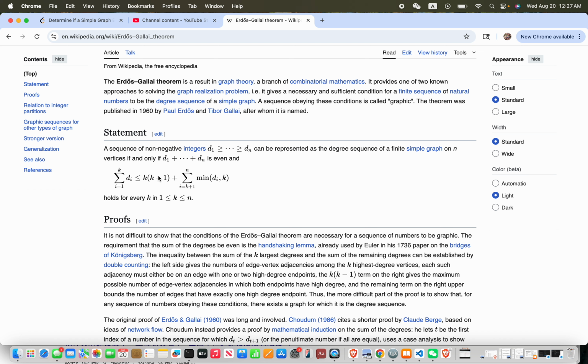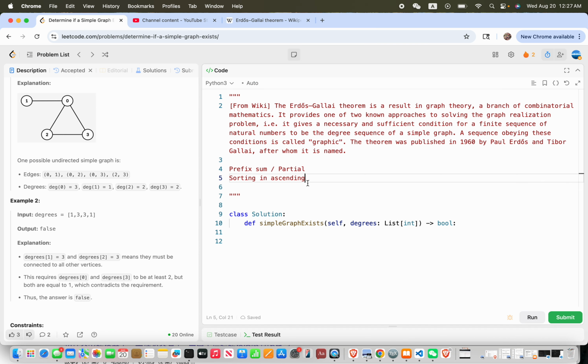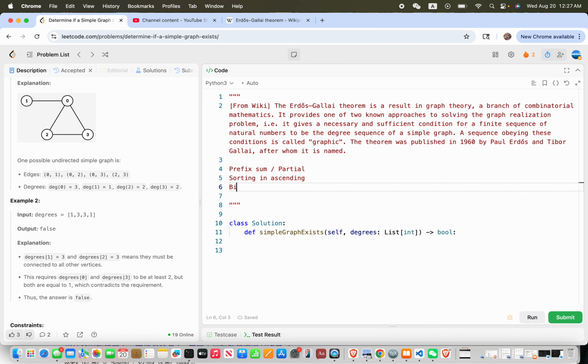Then whether you do reverse sorting or sorting from large to small, you can adapt. Another one is bisect, or binary search, for convenience and efficiency in computing the right hand side in the theorem.